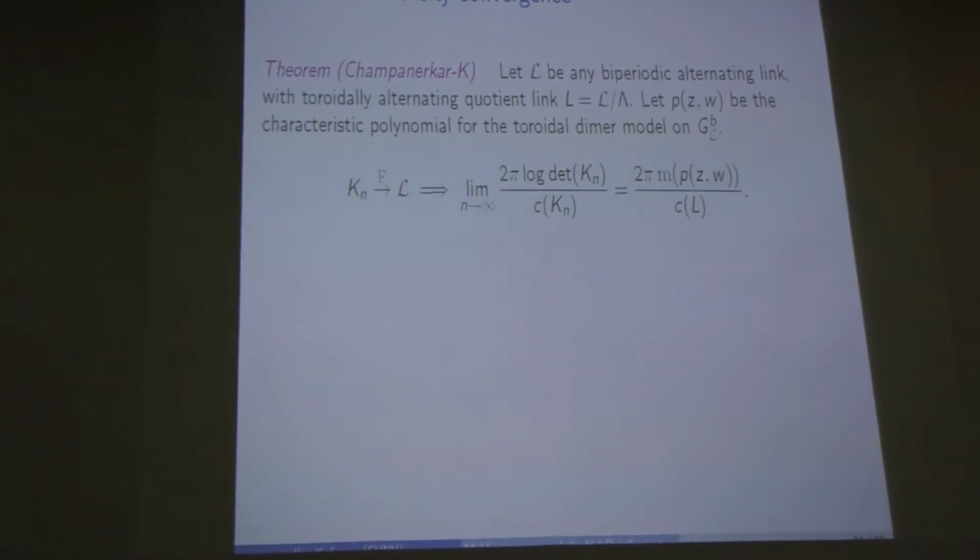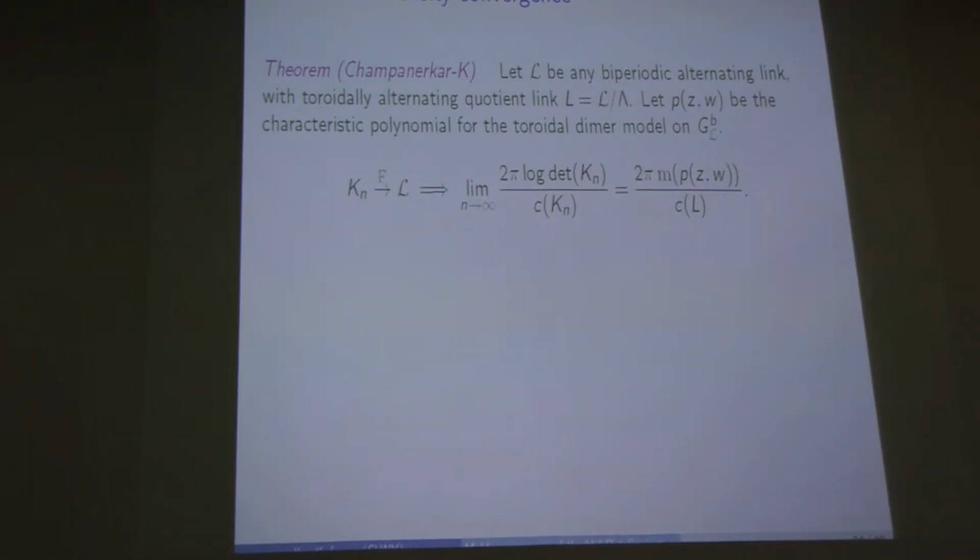So we used their result. This is a direct application of this big tool. So here's the idea. If you take a biperiodic alternating link with a toroidally alternating quotient link, L, and P of z,w is the characteristic polynomial for the toroidal dimer model, then if K_n converges to L in this Følner sense, the determinant densities converge to exactly this quantity, 2 pi times the Mahler measure of P of z,w divided by the number of crossings.